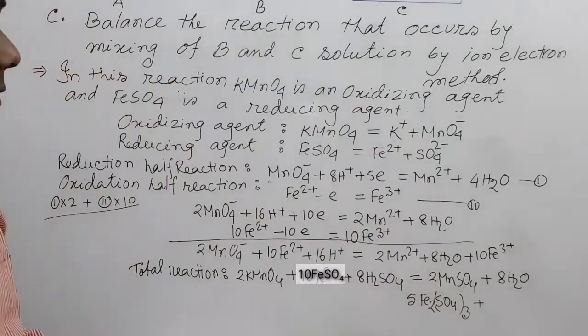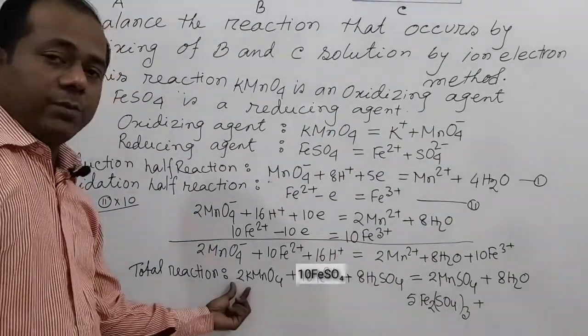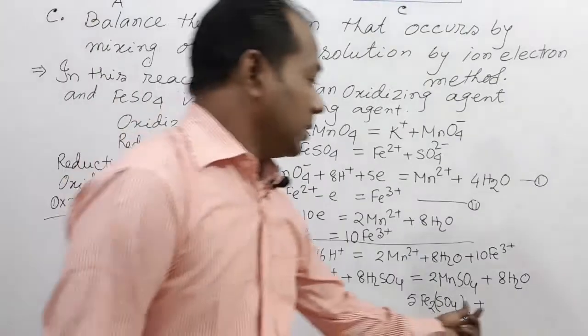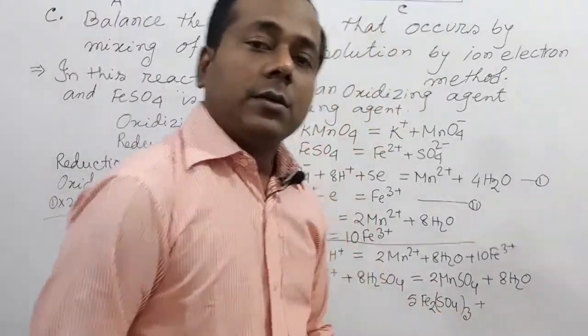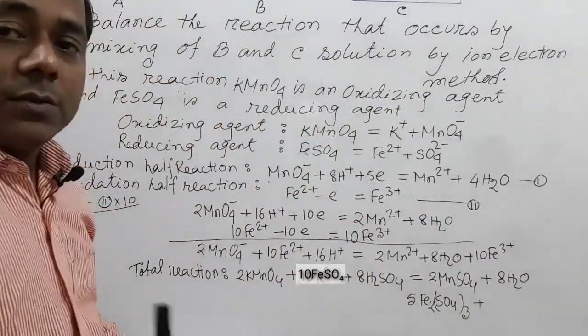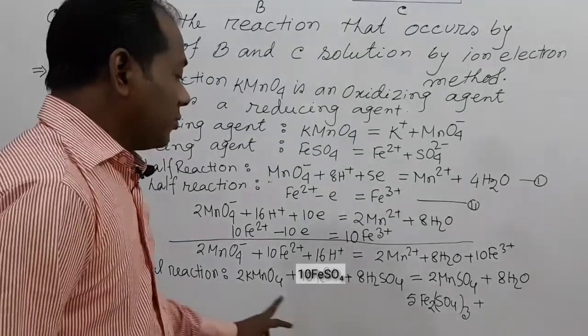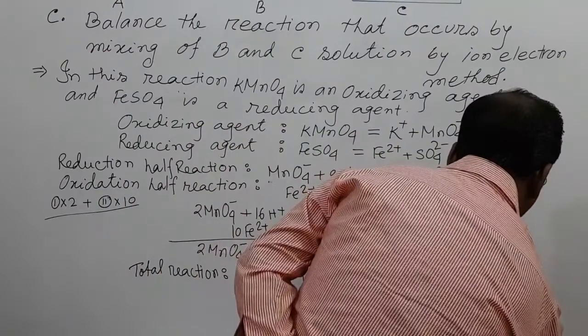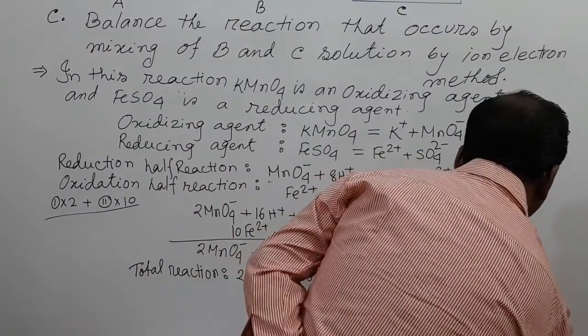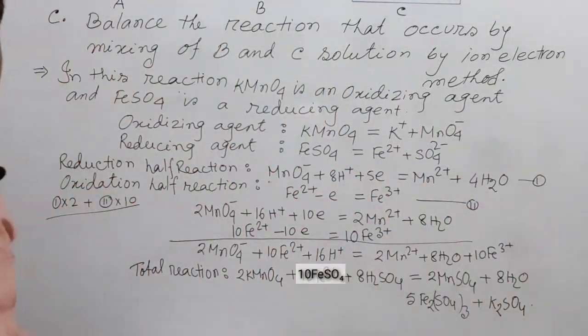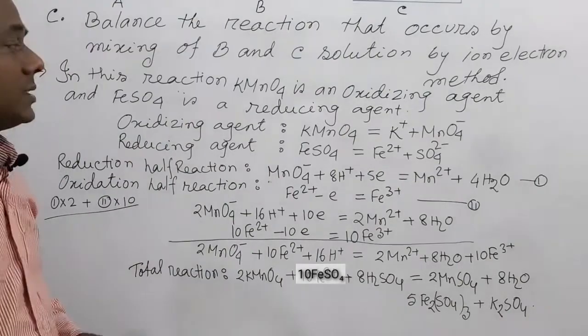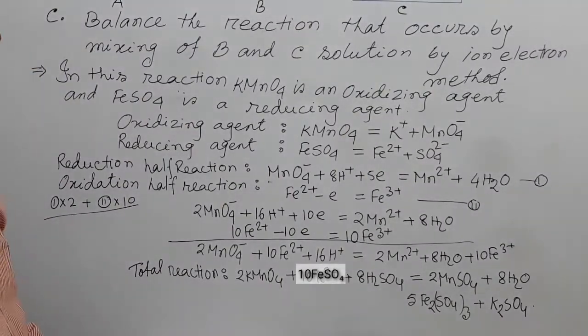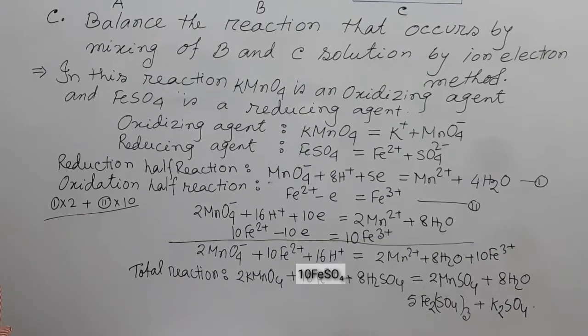My dear students, we see that potassium ion is present on the left side but absent on the right side, because this potassium ion reacts with sulfate ion and we get K2SO4. This is the balanced equation of potassium permanganate and acidic ferrous sulfate.